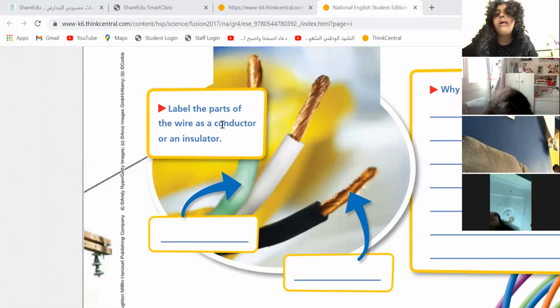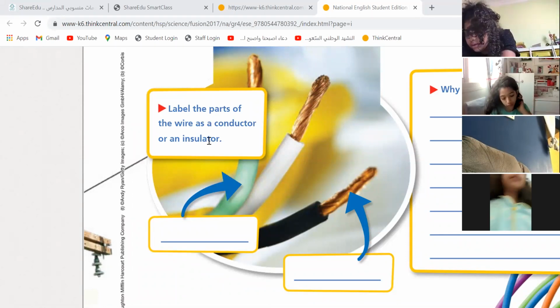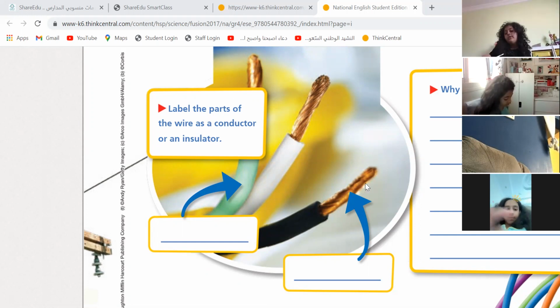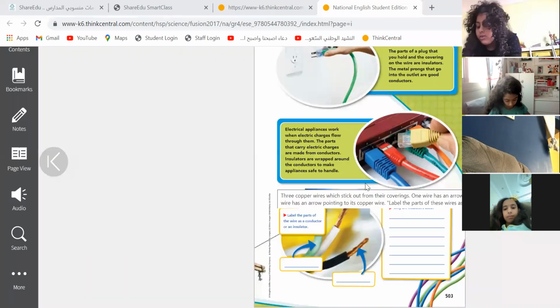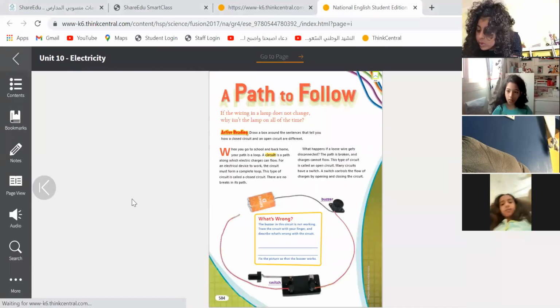Are they conductors or insulators? Insulators. Exactly. And what about the copper? It's a conductor. Excellent. Very good.